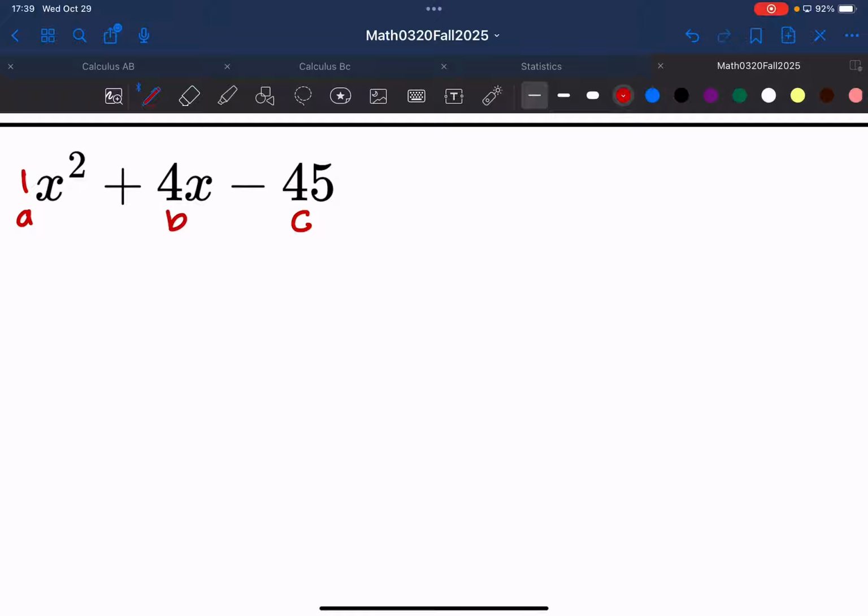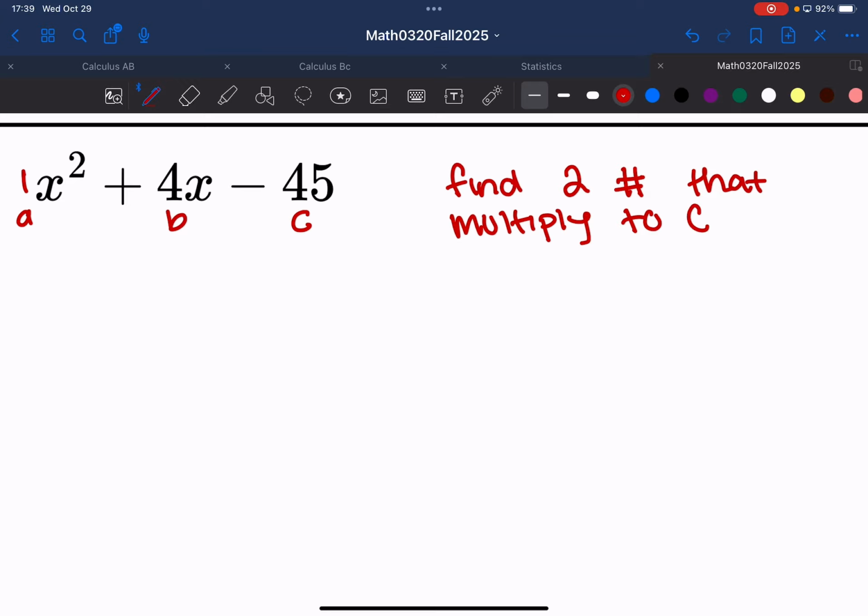Okay. To solve these, we need to find two numbers that multiply to c and add to b.